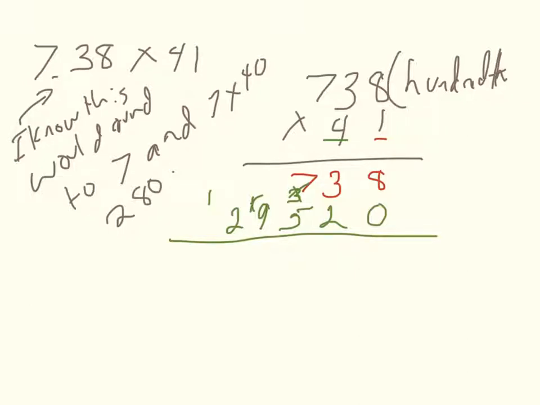Now I'm going to add these two up. And that gives me 8, 5 tens, 12 hundreds, 9 thousands plus 1,000 gives me a 10,000. 2 10,000s plus 1 10,000 is 3 10,000s. So you need to remember that that's in the hundredths.